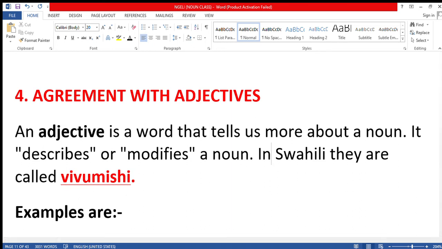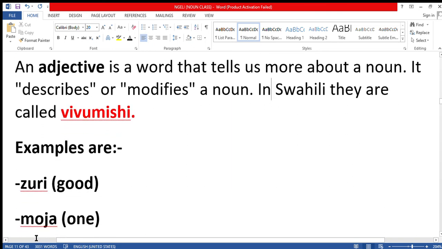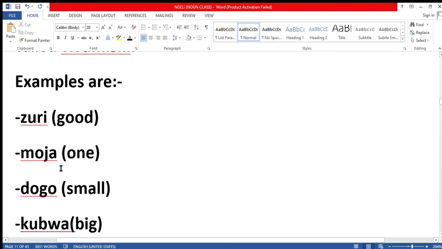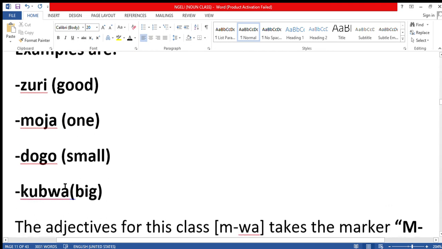Vivumishi. Adjectives. Okay. Examples of adjectives are zuri. Not the Zuri on Facebook. Zuri here means good. Then moja means one. Actually, moja is the number one, but used as an adjective, we need to add another prefix to mean one. Dogo is small.